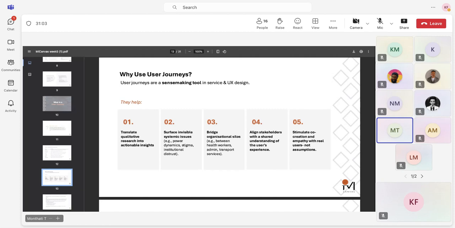And then the last one is to stimulate co-creation and empathy with real users and not just rely on assumptions. One thing that I love to do when we have the opportunity is we'll usually print out the journey on a big paper and have it in a room. We'll invite users to come in and say, this is the journey that we're thinking. Here are some sticky notes.